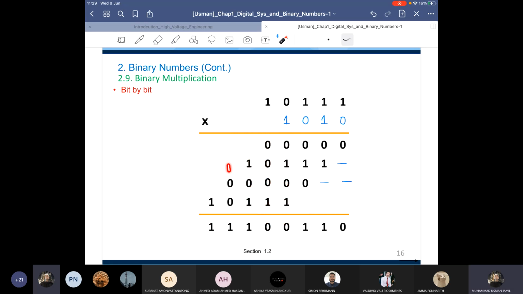Then 1, because here carry, this is 0, this is 0. So 1 plus 0 is 1 and this is 1. So this way we can do the addition. This is for multiplication and we don't have anything here. So this step is for the addition.